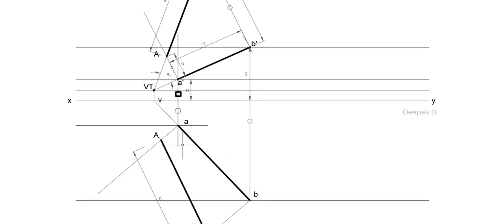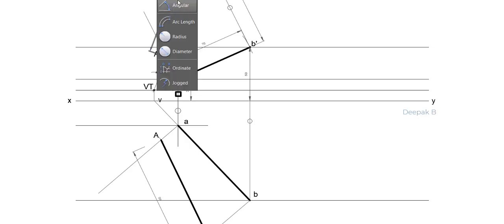Okay, so in order to get the inclination of the line with the horizontal plane, all you have to do is extend these two lines, capital A capital B and small a small b, and see where it meets. That meeting point would be the horizontal trace, and the angle of inclination between these two lines will give you the inclination of the actual line with the horizontal plane.